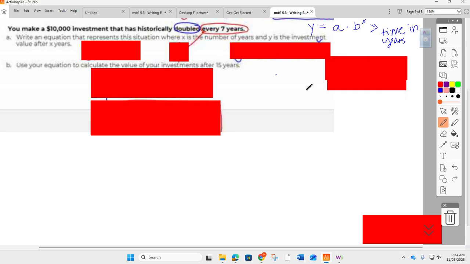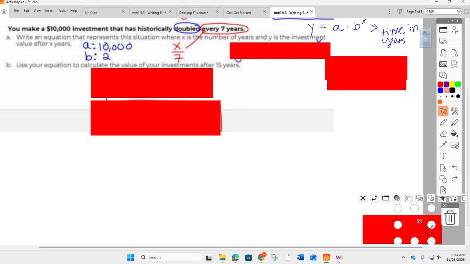Now here's the thing. If it doubles every year, then x is just whatever x is. But if it doesn't double every year, we have to create a fraction so it only doubles the number of times it's supposed to. So the beginning value is 10,000, the growth rate is 2 because it doubles. But instead of just putting x, we have to put x divided by 7, because it doesn't double in 1 year. It doesn't double in 2 years. It's not going to double until the 7th year for the first time.